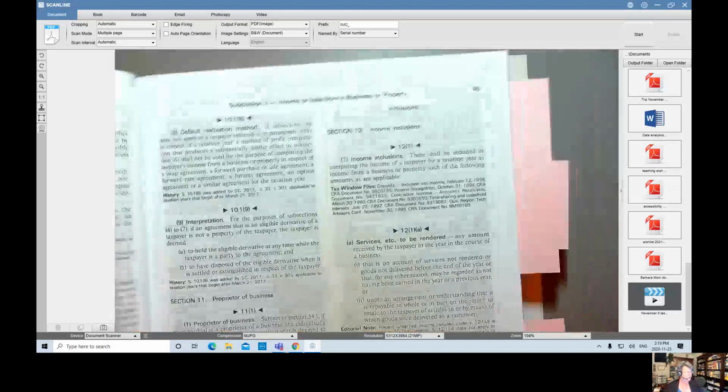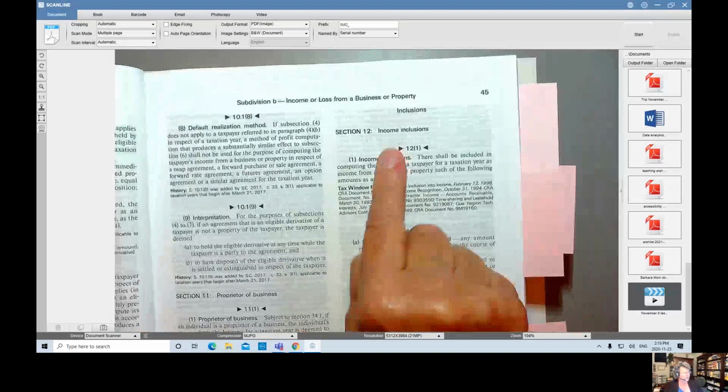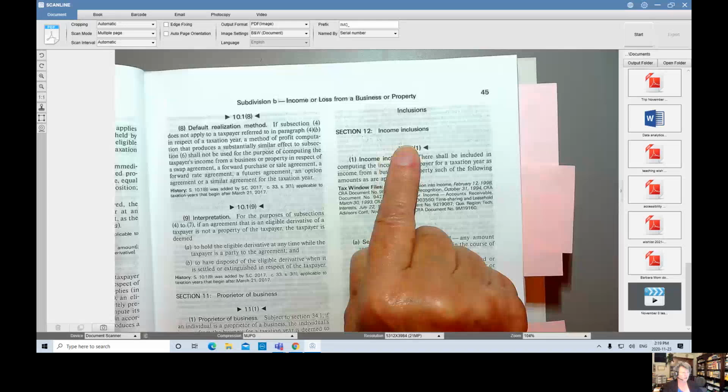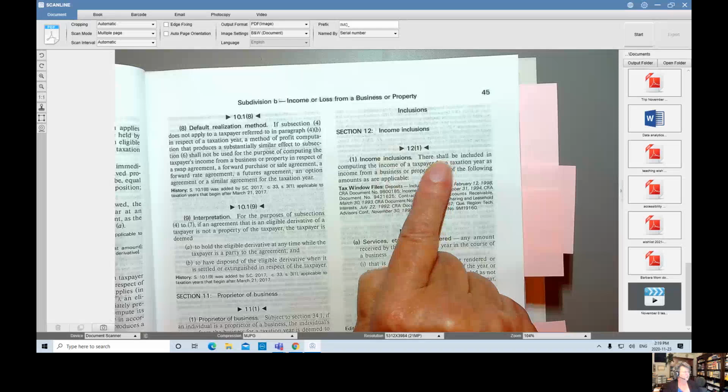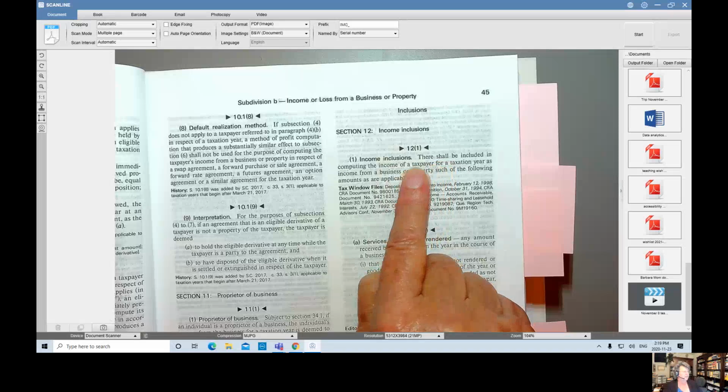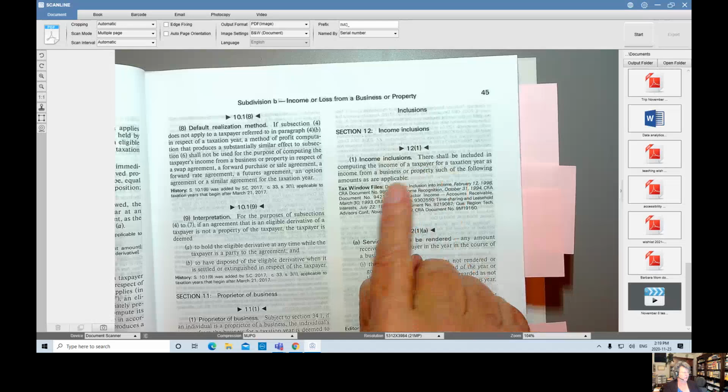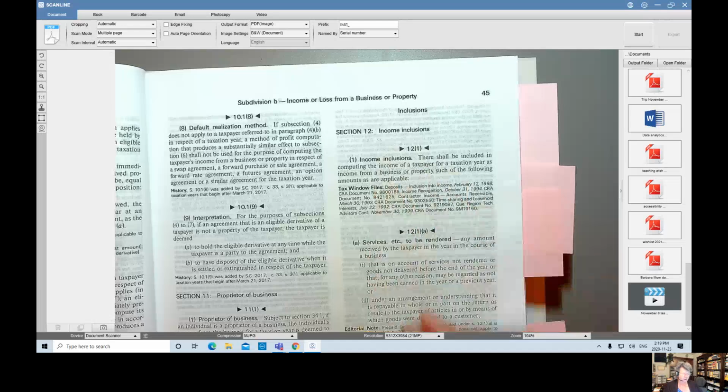So then we look at section 12. This is specific details of what is included, section 9 notwithstanding. There shall be included in income of the taxpayer as income from business, such of the following amounts as are applicable. And then it's just a very long list.